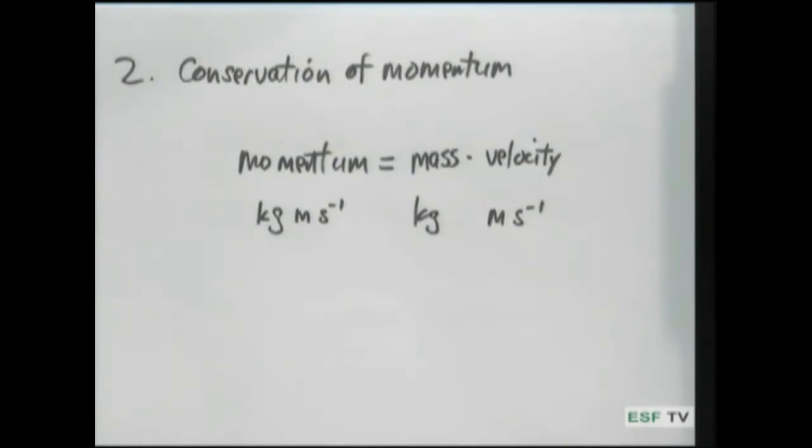Now, whenever you have an object with momentum, it will tend to keep that momentum. As I said, this is a more general statement of Newton's first law of motion. However, if you have a force acting on an object, this is going to change the momentum of the object.